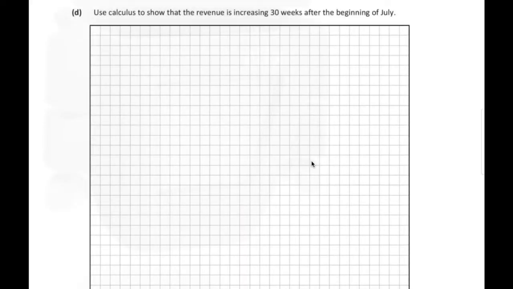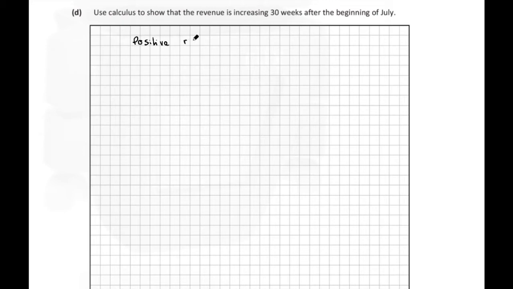So for the next part of this question, we're asked to look at showing how something is increasing 30 weeks after the beginning of July. So if something is increasing, it has a positive slope. So the rate of change is positive. That's another way of thinking it. The rate of change is positive.